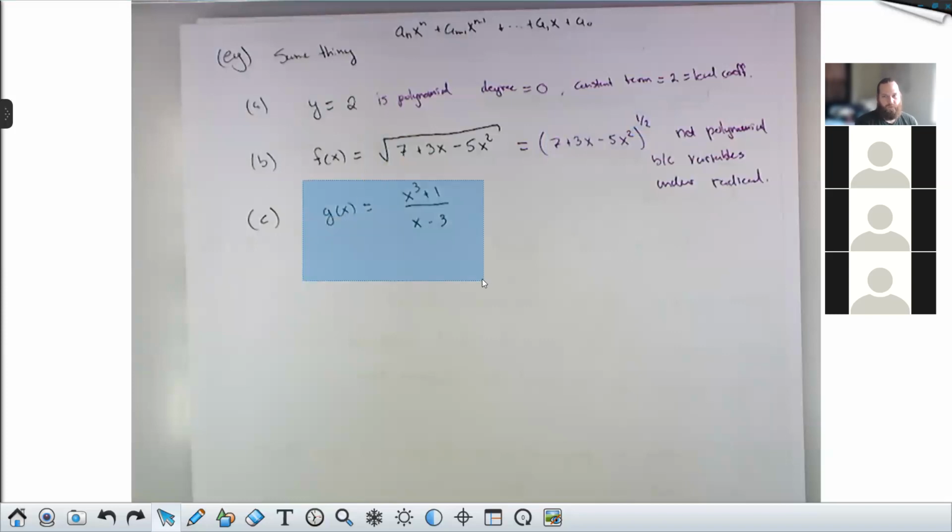All right, last one. What about g of x? Even though it's a radical, wouldn't it still be a polynomial? Yeah.